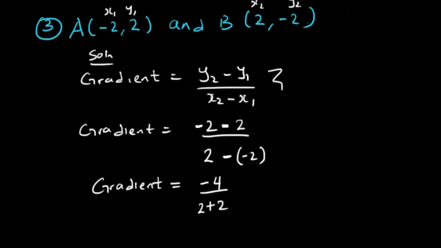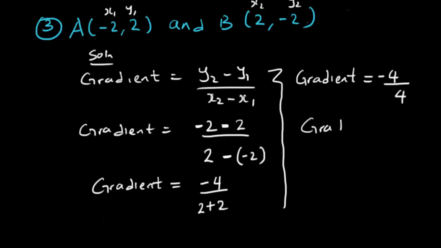Let me solve the remaining here. So I will be having gradient equals minus 4 over 2 plus 2 is 4. So which means gradient equals minus 1. Is this not super simple?